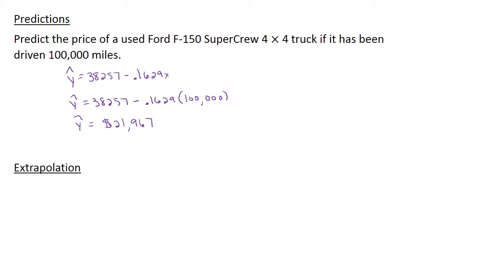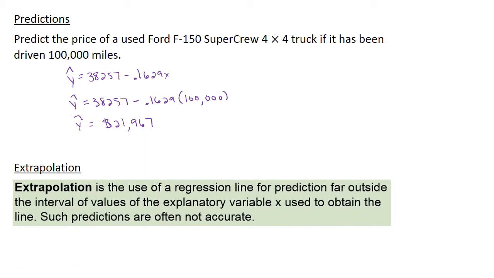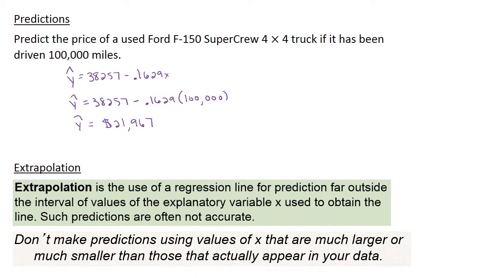Now, let's talk a bit about extrapolation. Extrapolation is the use of a regression line for predicting far outside the interval of values that we had originally for the x values. That's just because those predictions often aren't accurate. That just means we don't really want to make predictions for values far outside our data set.